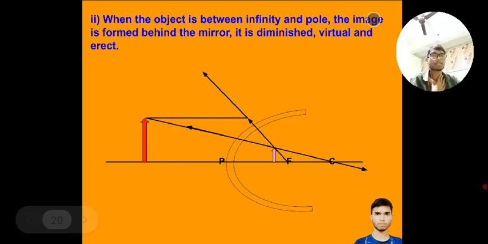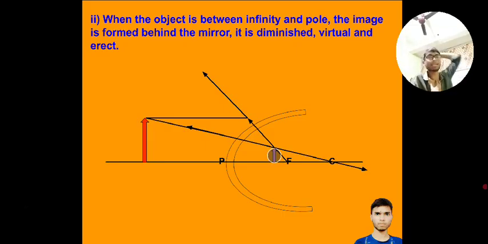In that case the image is formed behind the mirror. It is diminished, behind the mirror. Because the rays diverge, the image is diminished, virtual and erect.